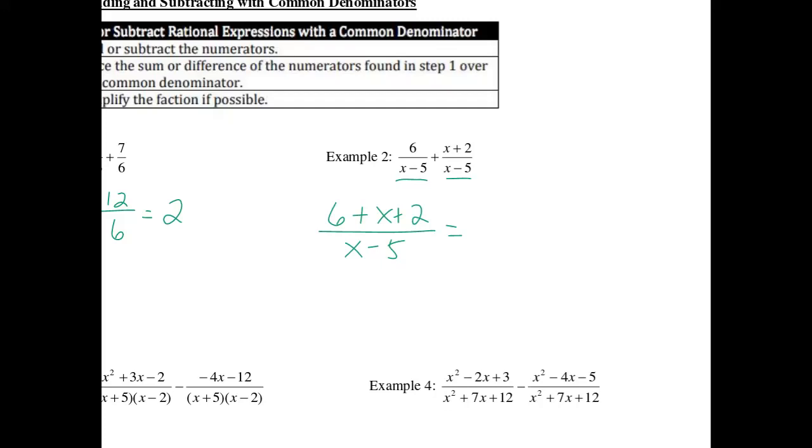Then we can simplify the numerator at least and see what that's going to equal. x plus, in this case, we can combine the 6 and the 2 to make 8 over x minus 5. Now, in this case, this is a rational expression, and we would look to factor and cancel things in common, but x plus 8 over x minus 5 is already factored, and they are not alike, so we are going to leave that as our final answer.